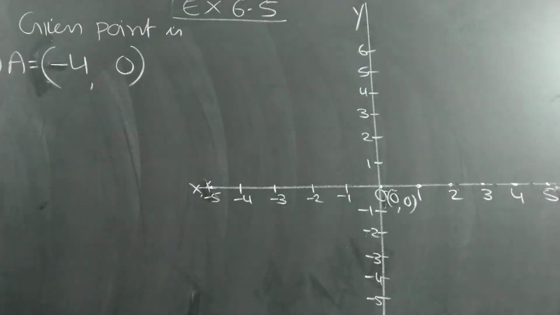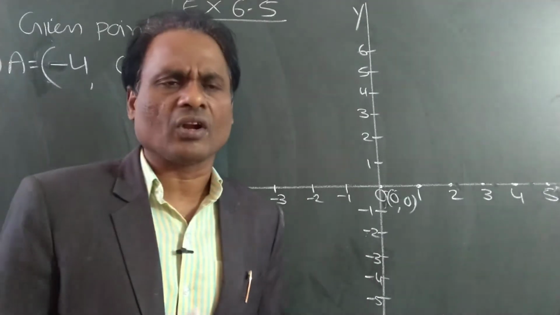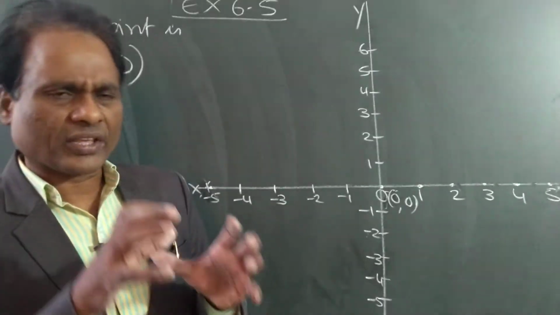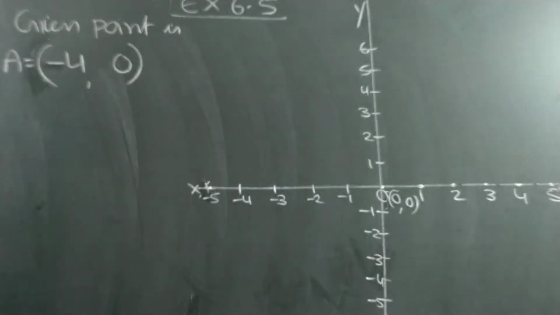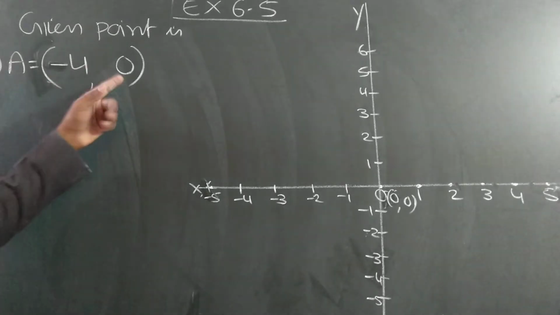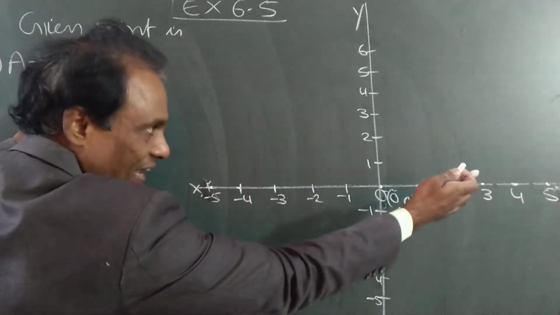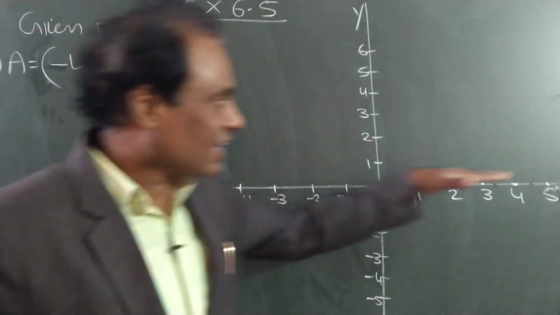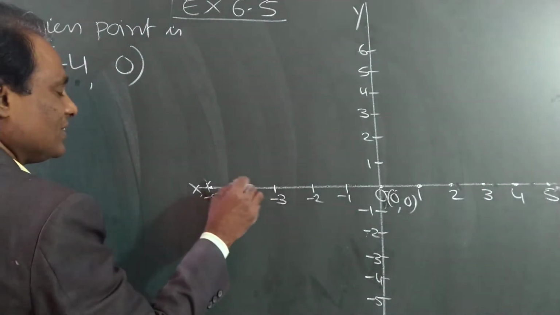Even without graph paper, on a white paper you can draw, because this is not exactly related to the graph, just a concept. See here, -4, 0. Where is it? X value -4, y value 0.